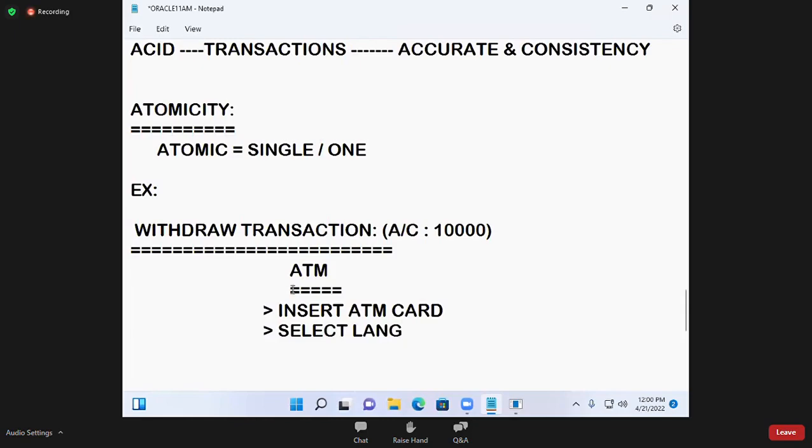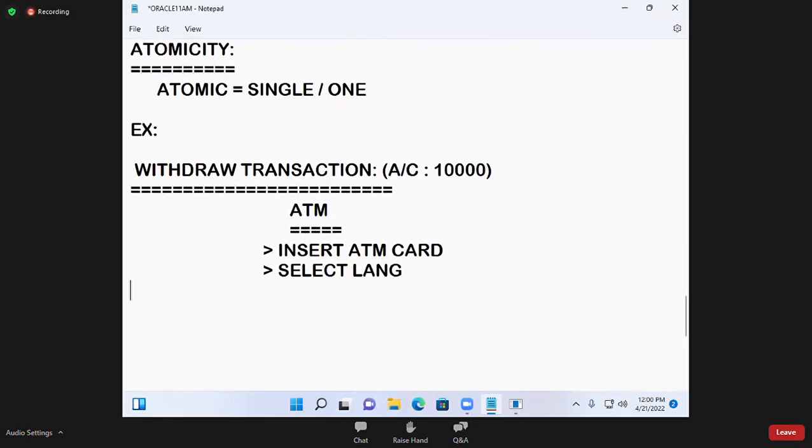Next, click on the banking option. After that, click on the withdraw option, because I have to withdraw.